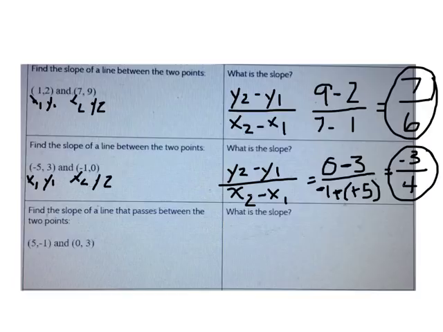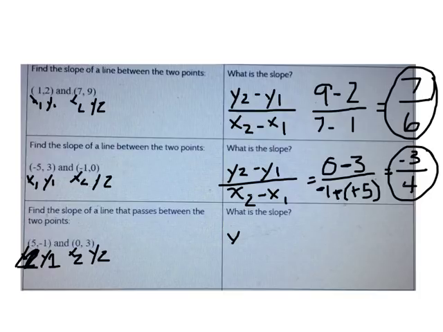Let's do another. Find the slope of the line that passes between the 2 points. First, what is x1, what is y1, what is x2, and what is y2? 5 is x1, -1 is y1, 0 is x2, 3 is y2.